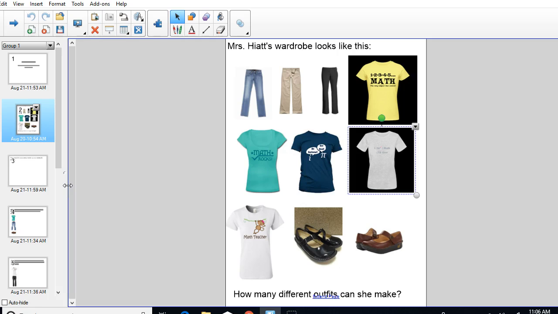So I want a list of all of them, but would that give you the number you're supposed to have? If I have the same shirt and same pants but different shoes, it's a different outfit.